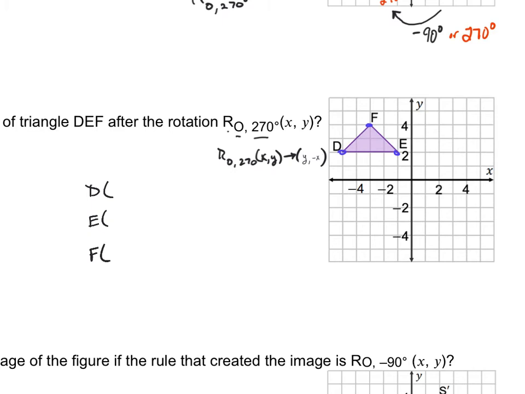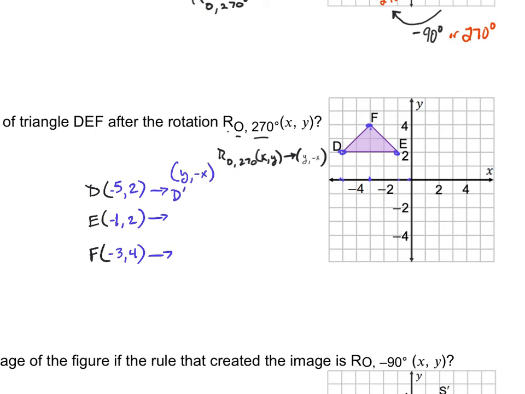So it looks like D is going to be (-5, 2). E is going to be (-1, 2). And F is going to be (-3, 4). And as we map, again, we said it is going to be (y, -x).